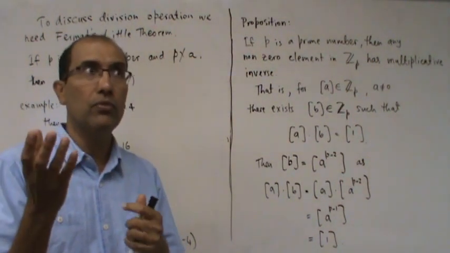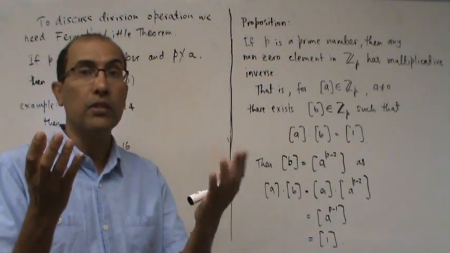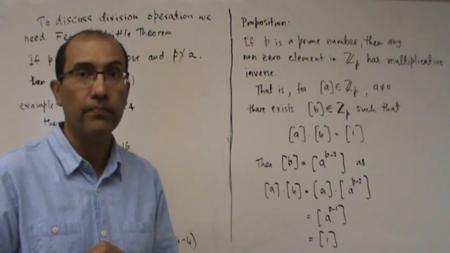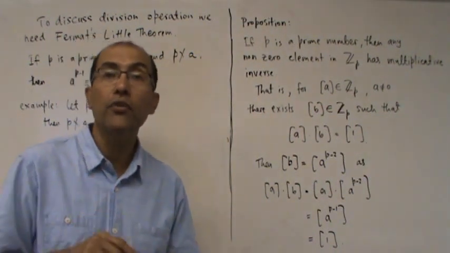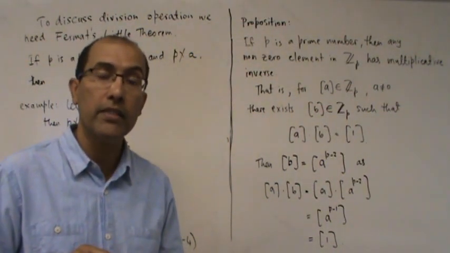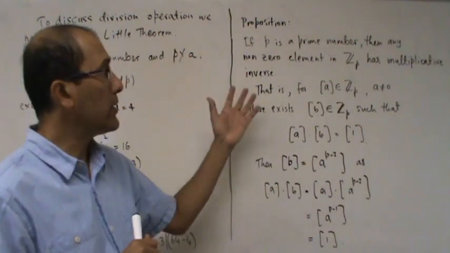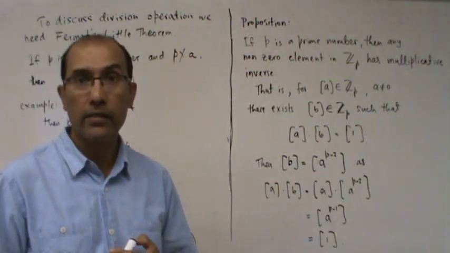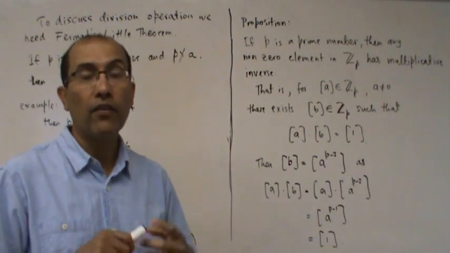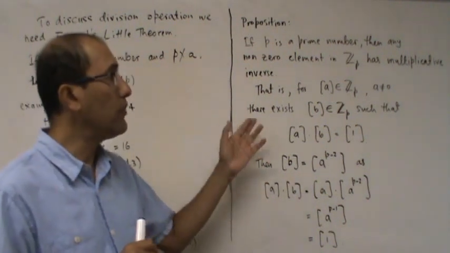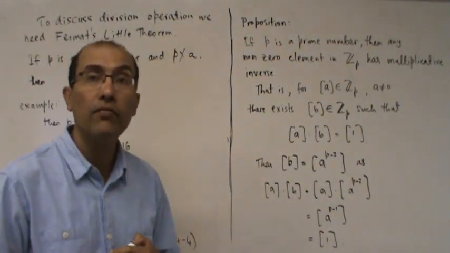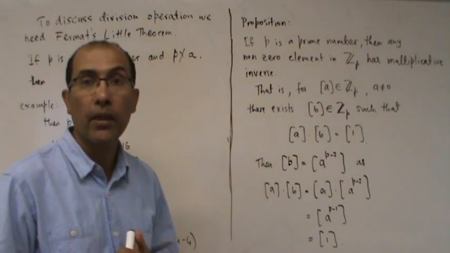If you say 2, the multiplicative inverse of 2 is a half, but that's not an integer. So integers in general do not have multiplicative inverses, but these congruence classes are special. They are from a finite collection, so they do have multiplicative inverses if P is a prime number.